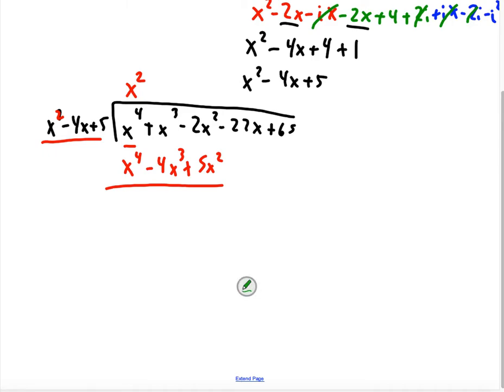Change your signs and add them together. Your x fourths are gone, and now we get 5x to the third minus 7x squared. Bring down the other two terms.